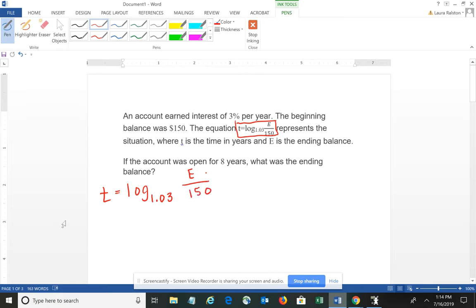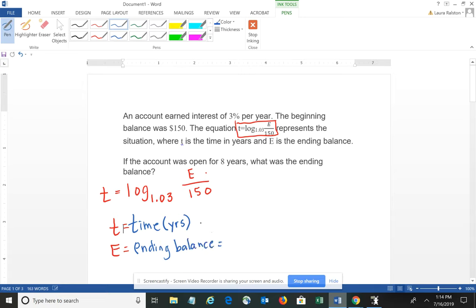And one of the things that I would do in an application problem is identify the pieces of information I'm given. T represents time in years, and E is your ending balance.